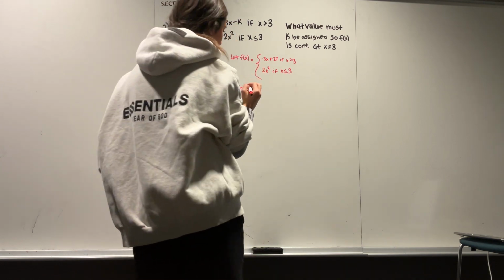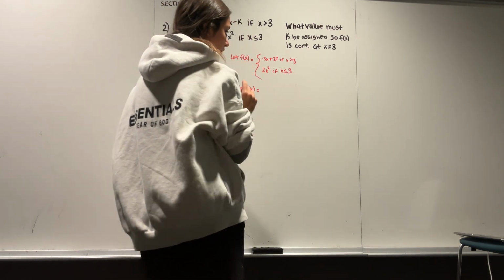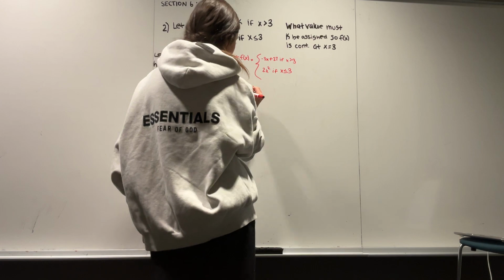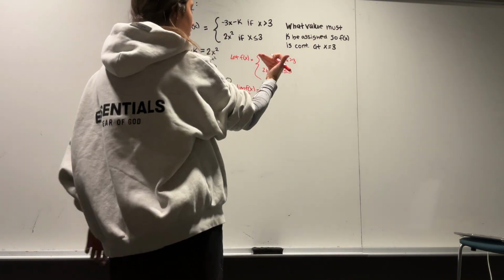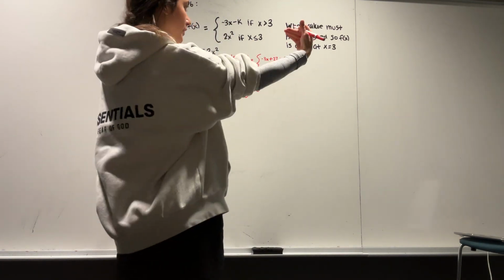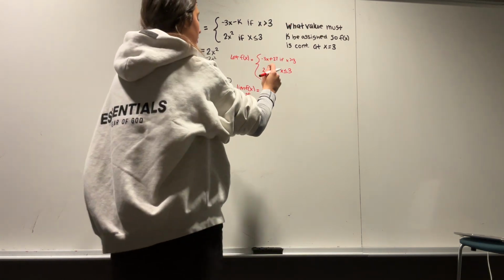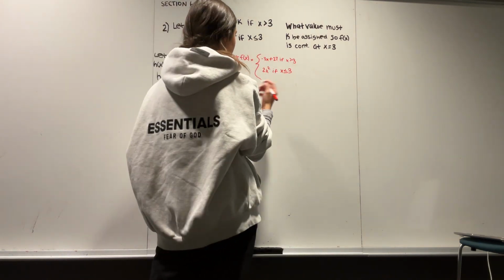You can do either way. And because it's from the right, it's going to be greater than 3. It's going to have to be a greater value if it's coming from the right.